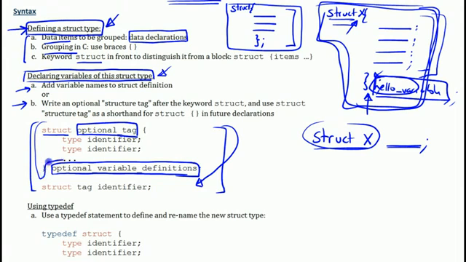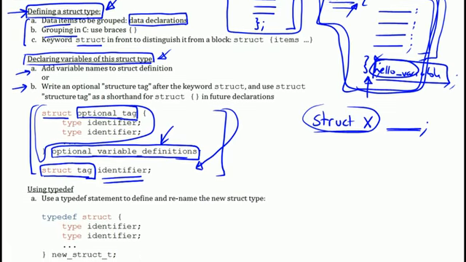So you will define your struct type right here, and then you could have some optional variable definitions, or you could also do it this way by using the struct and your optional tag that you would have created here. You would use struct, that tag, and then declare variables that way later on. So this is the general form of the struct type. The struct syntax.